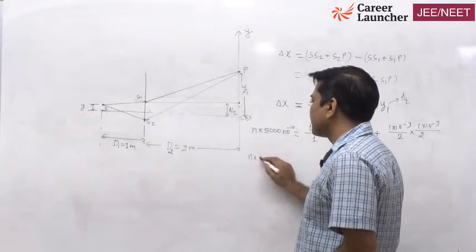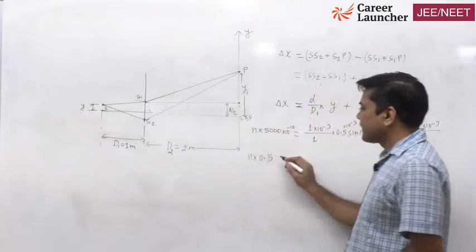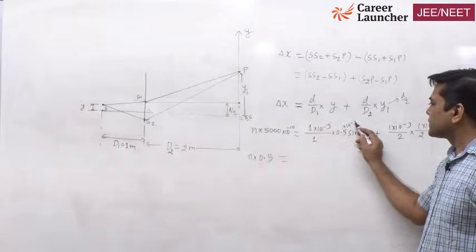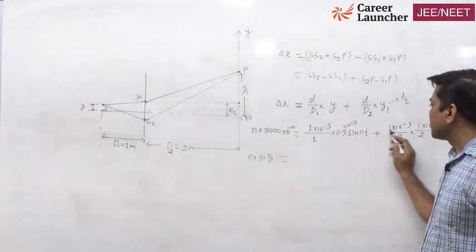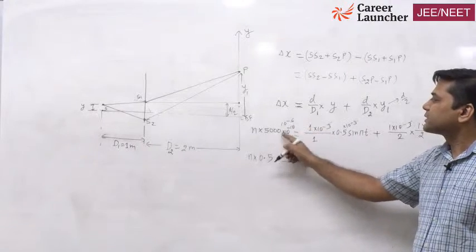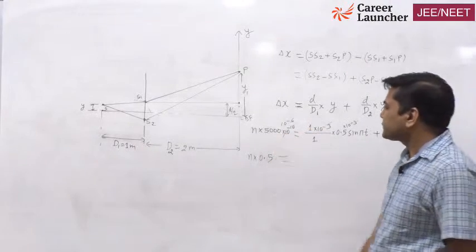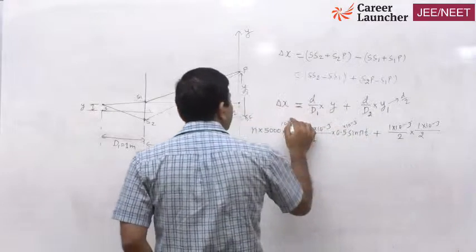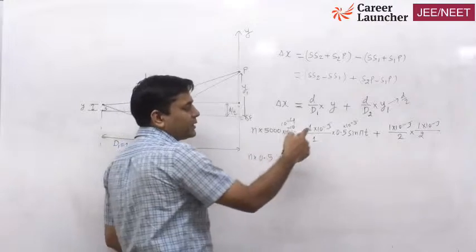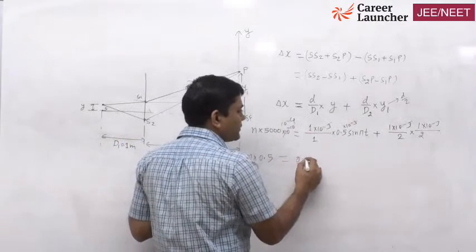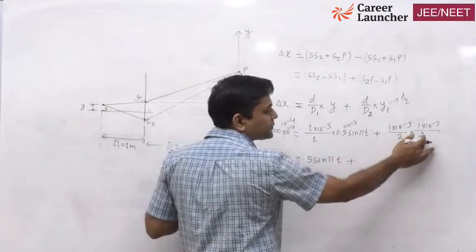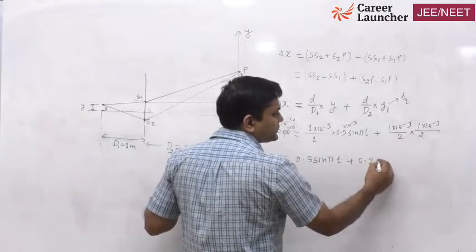So this becomes 0.5. Correct? And all these are cancelled with this one. Let me cancel all this, and I will just write here 10 raised to power minus 6. So this becomes 0.5 into n equal to 0.5 sine pi t plus 0.25.